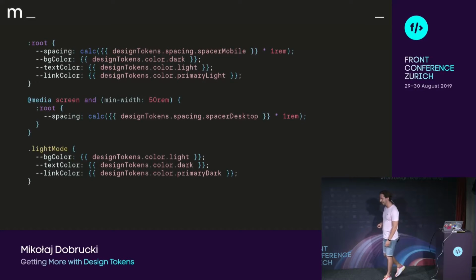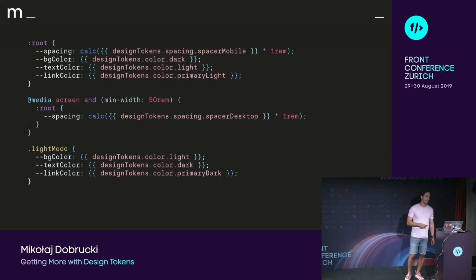Of course, that's not the ideal approach for many cases, but this way we're avoiding any additional steps. Usually, we would first translate those tokens into, let's say, Sass variables or variables specific to another environment or platform.